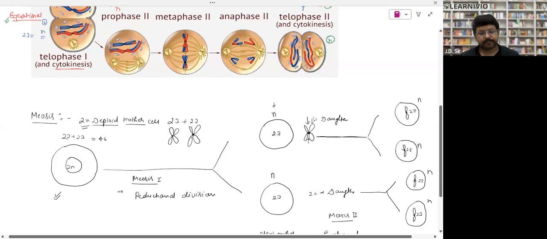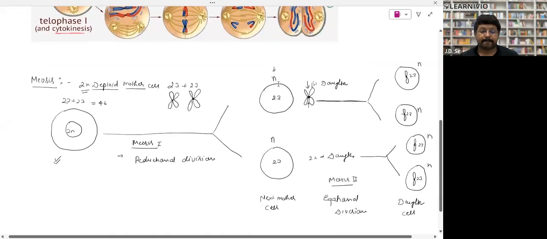Full stop. The division maintains the number of chromosomes. That's why it is called equational division.